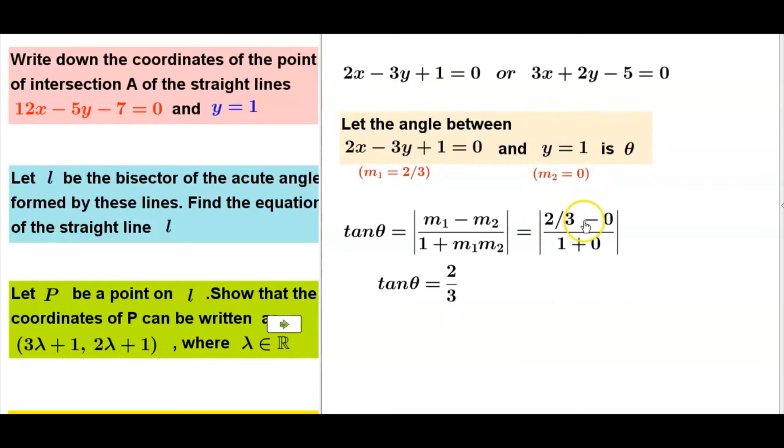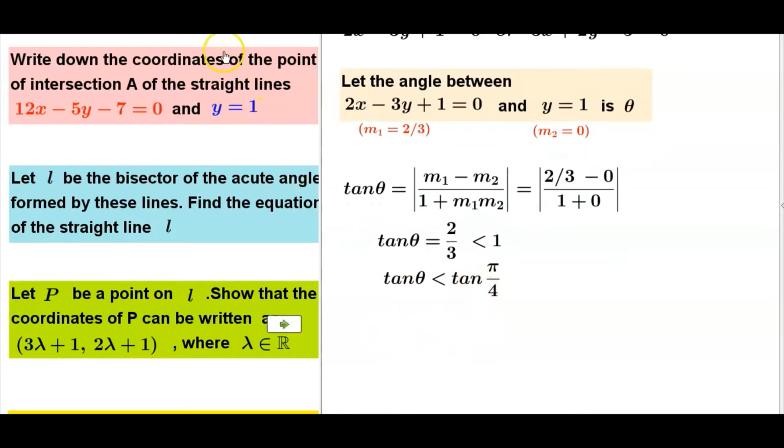When we simplify this, we get 2/3. Therefore tan theta is equal to 2/3, which is definitely less than 1. For this 1, we can substitute tan 45. Therefore tan theta is less than tan pi by 4, so theta is less than pi by 4.